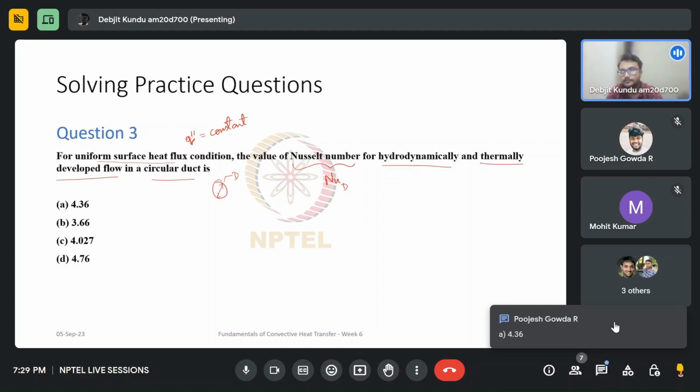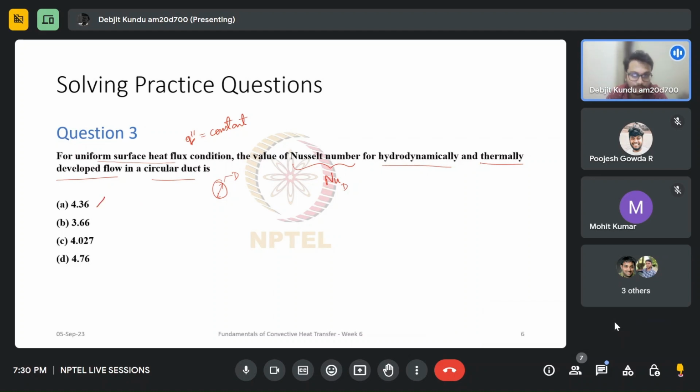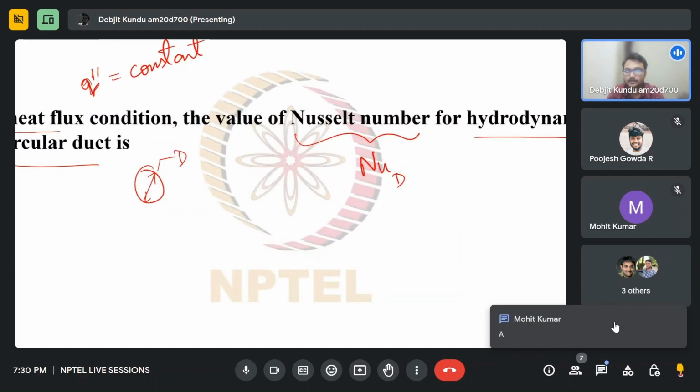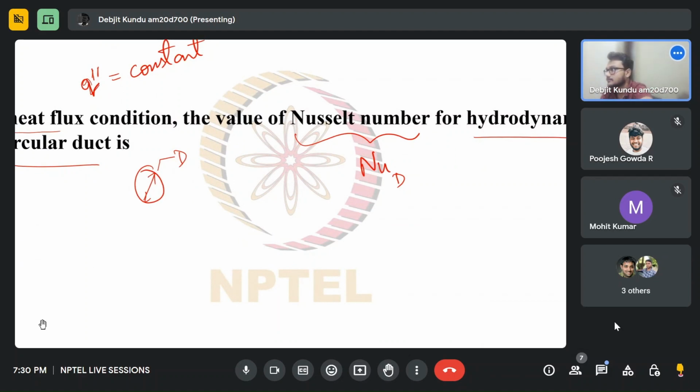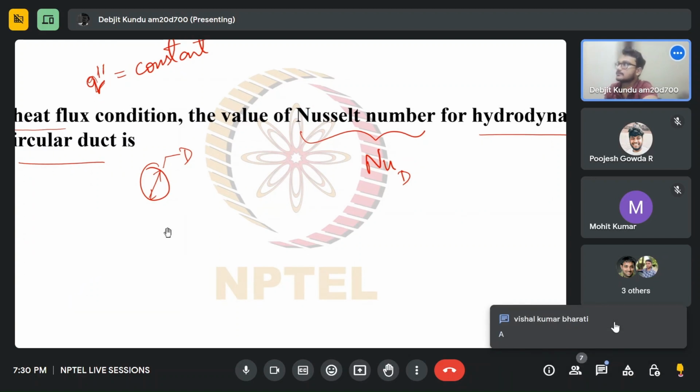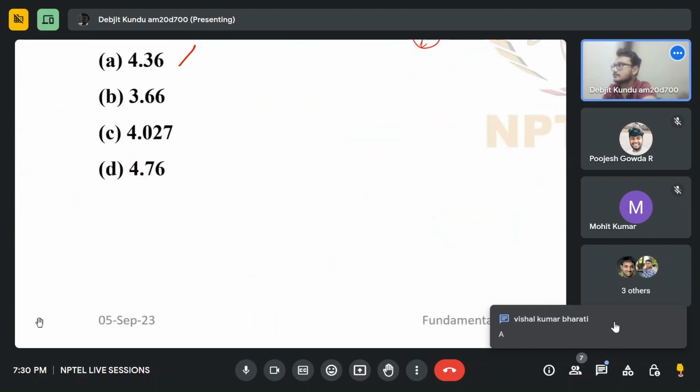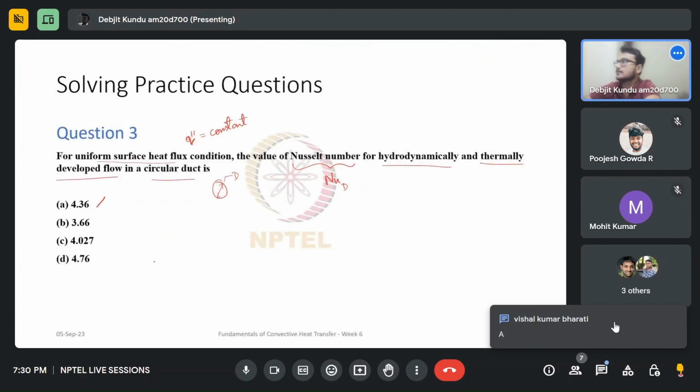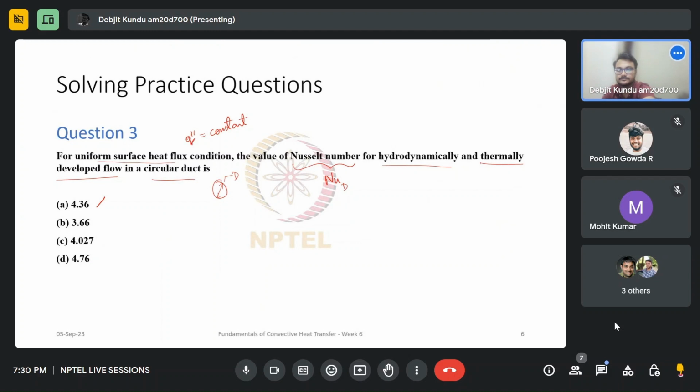What was the value of Nusselt number for this case? Was it option A 4.36, which someone already says that it is? Then option B 3.66, option C 4.027, or option D 4.76?